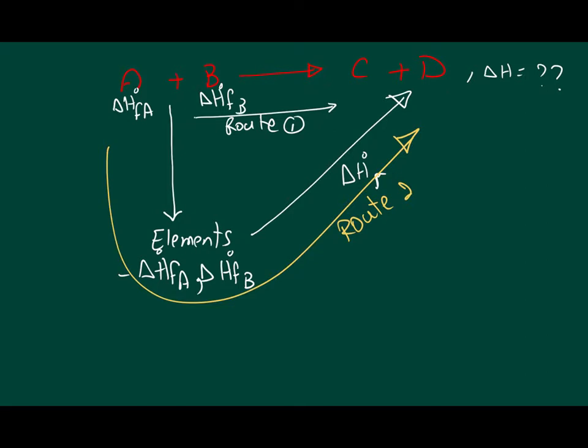So route 1, A plus B gives C plus D. You can calculate delta H as per the previous slide, enthalpies of formation of products minus standard enthalpies of formation of reactants.